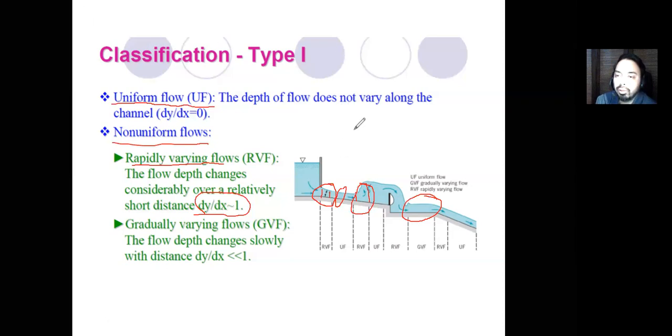The slope is usually measured by dy/dx. So if you have something like this, for example, this is the y and this is the x. Then dy/dx is the slope, the tangent of the slope.